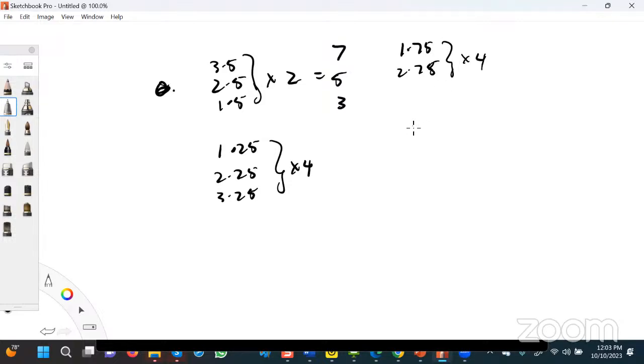If you have a recurring 3 after the decimal point, like 1.33, 2.33, and so on, then you multiply by 3. If you have a recurring 1 after the decimal point, like 1.11, 2.11, then you multiply by 9. And those are the ones I can think of off the top of my head.